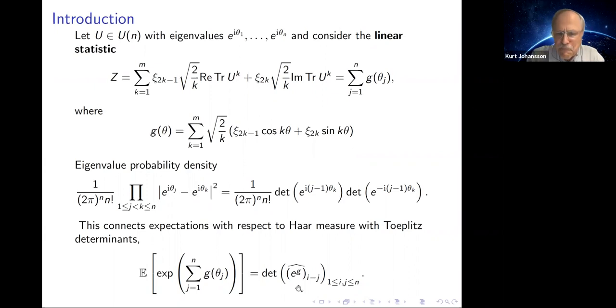If you want to understand the statistical properties of this linear statistic, it's natural to look at its Laplace transform, the expectation of e to this sum. And this is identical to this Toeplitz determinant.